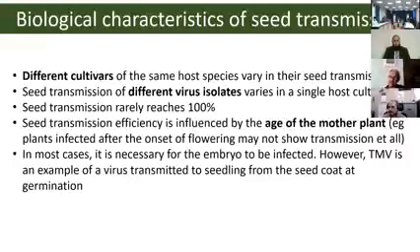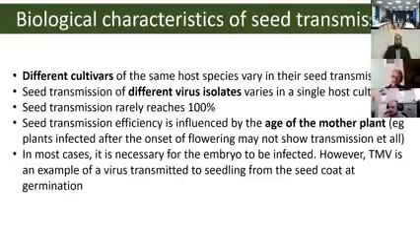The other thing is that seed transmission rarely reaches 100%, usually it is less than that. Fourth, seed transmission efficiency is influenced by the age of the mother plant when it is infected. If the plants are infected early, meaning before flowering, then the rate of seed transmission is very high.